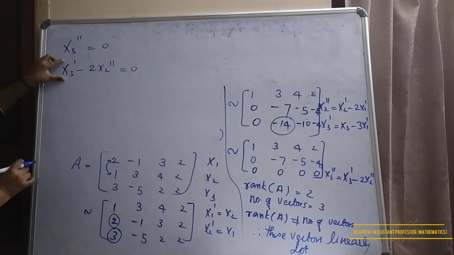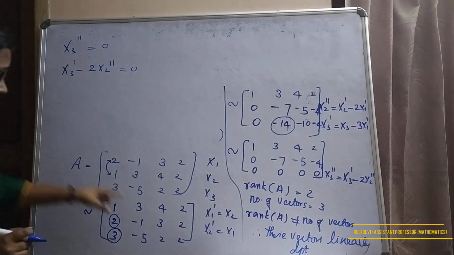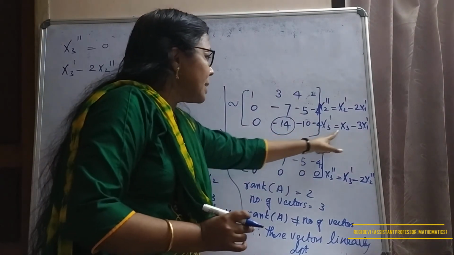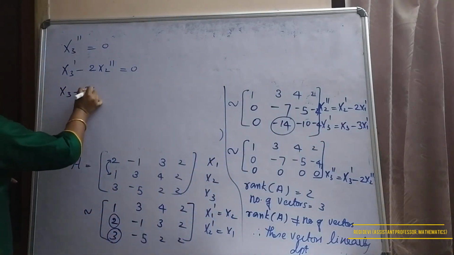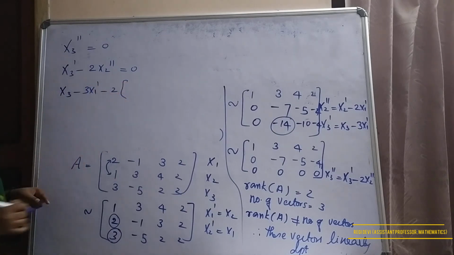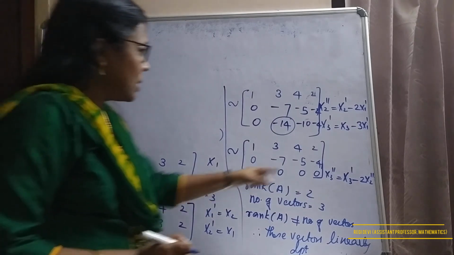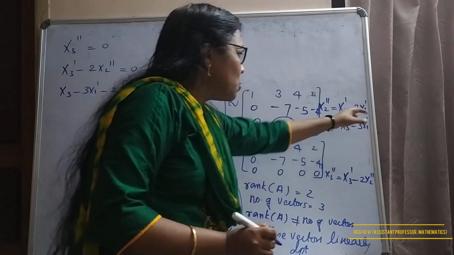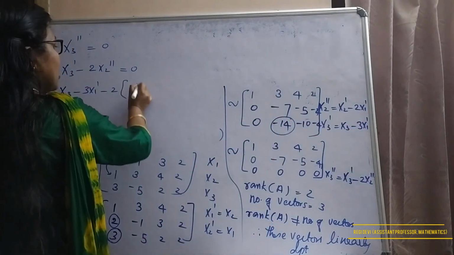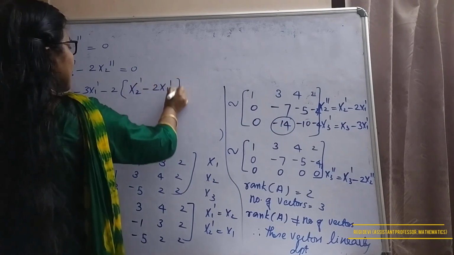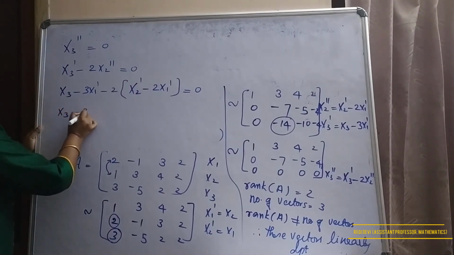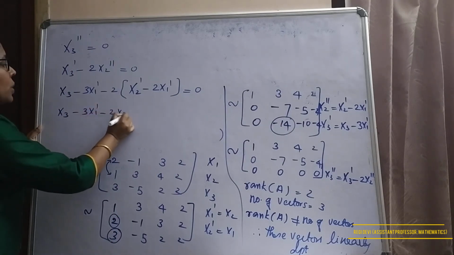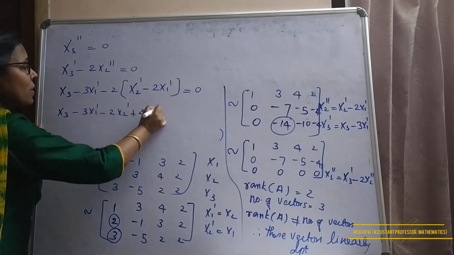What is x3 dash? x3 dash is x3 minus 3x1 dash. So x3 minus 3x1 dash minus 2 times x2 double dash, where x2 double dash is x2 dash minus 2x1 dash, equal to 0. Then x3 minus 3x1 dash minus 2x2 dash plus 4x1 dash equal to 0.